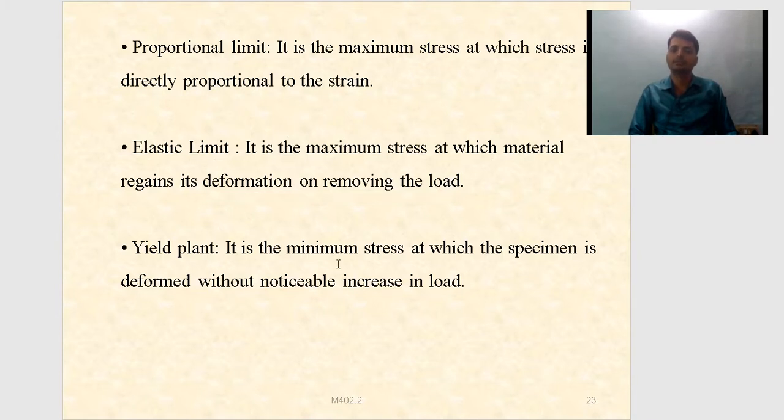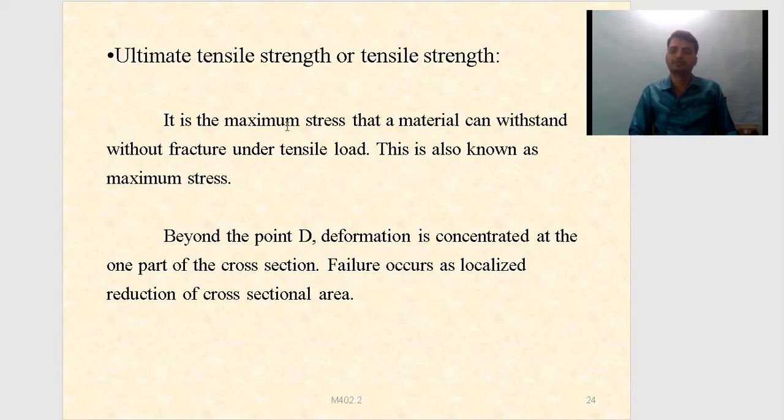Similarly, yield point is the stress at which the specimen deforms without a notable increase in load. This is called the yield point. I already explained the yield point. Ultimate stress is the maximum stress the material can withstand without fracture under the tensile load. Maximum stress it can bear is called ultimate tensile stress.